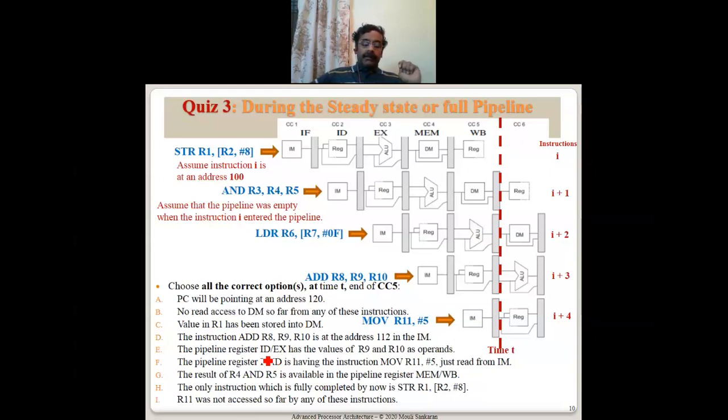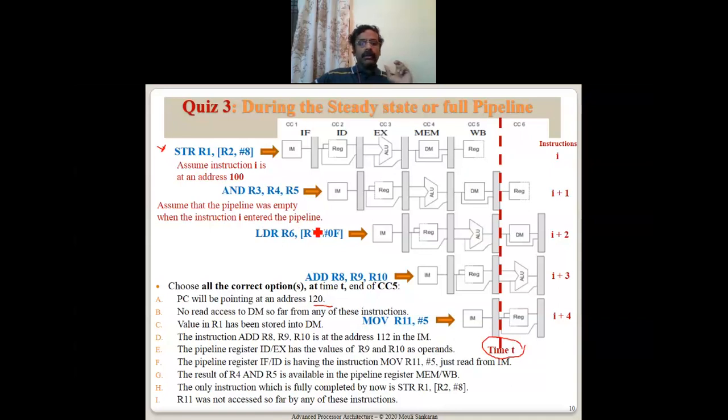Okay, welcome back. Let me now explain. I hope all of you have answers in your paper. So what does it say? PC will be pointing at address 120 at this time t. This is the easiest of all, because PC, I told you already, is the program counter storing the address of the instruction, and all instructions are 4 bytes.